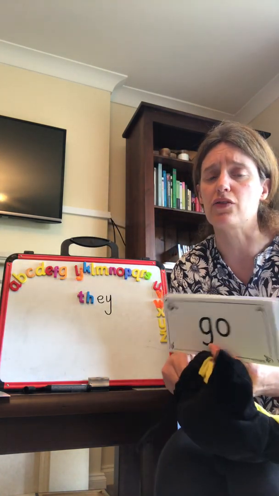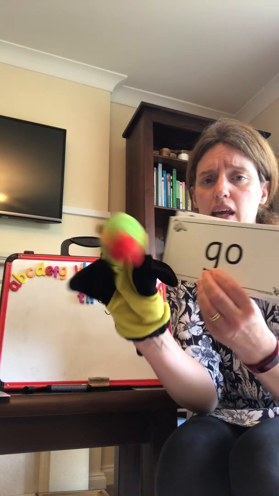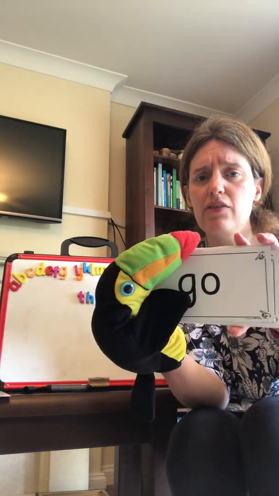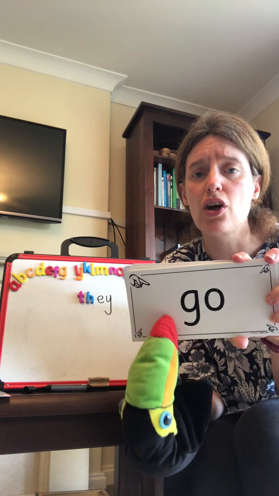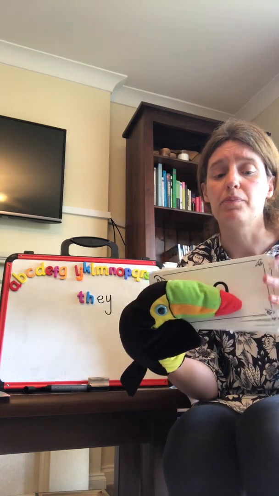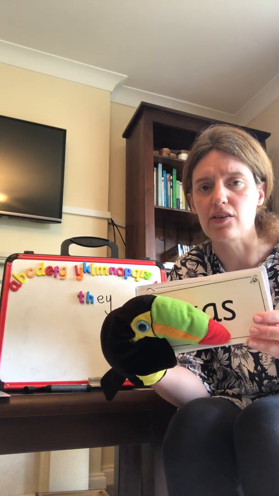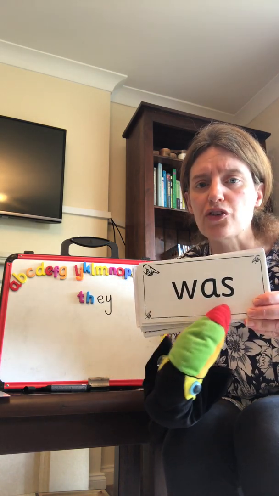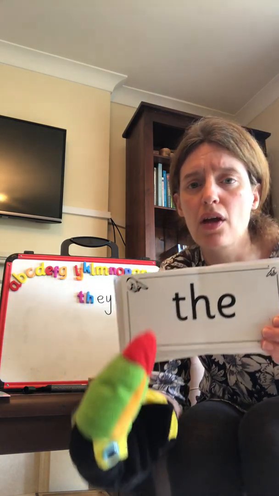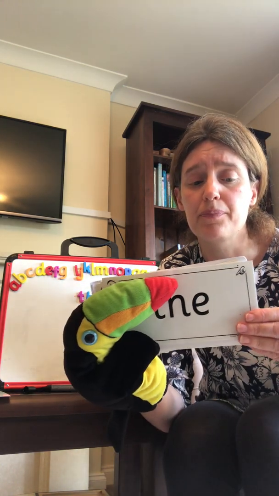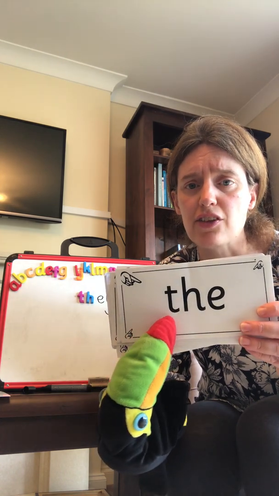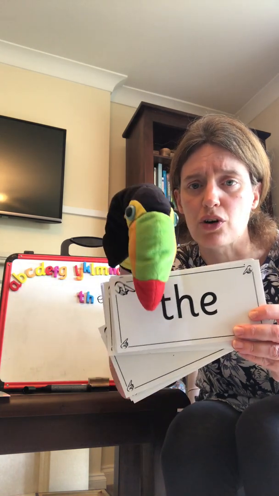We haven't looked at these for a long while, Tricky Toucan. Here he is. Let's have a go through the tricky words. Go. Oh, he's hiding it. Was. The. Oh, look. It has the th digraph, Tricky Toucan.